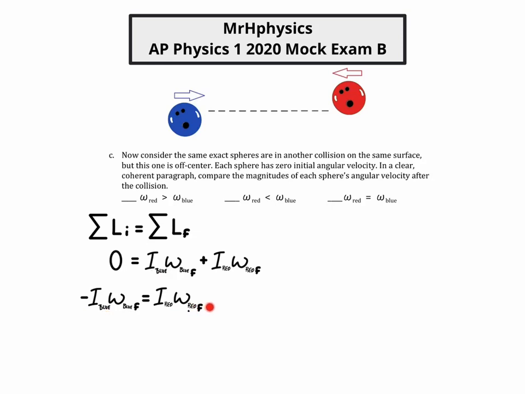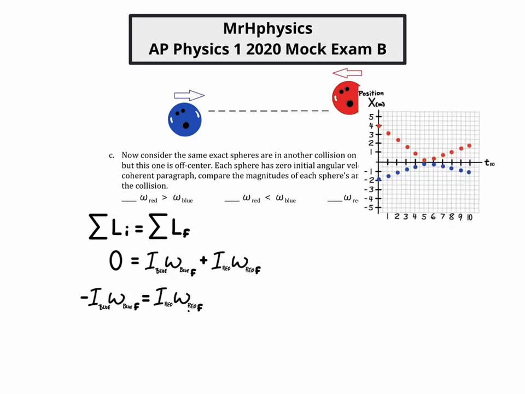But how does that tell you which one is greater? We would have to know what their values for I are. What information have they given us about I? They tell us that early on these are the same exact geometries. They're both solid spheres. But then they gave us, if you recall, this graph.